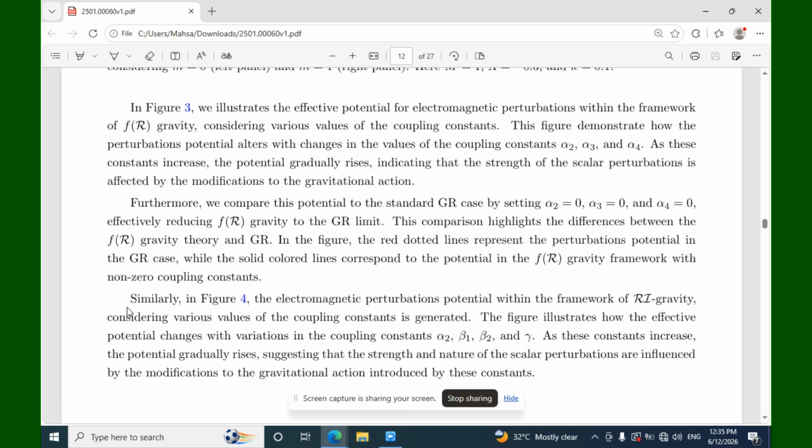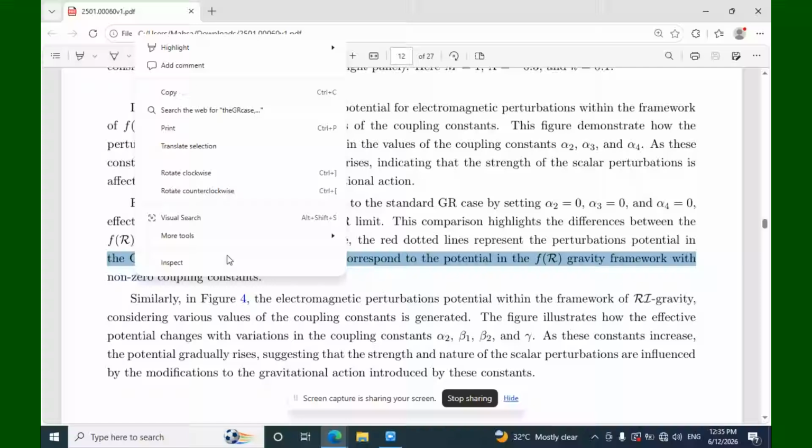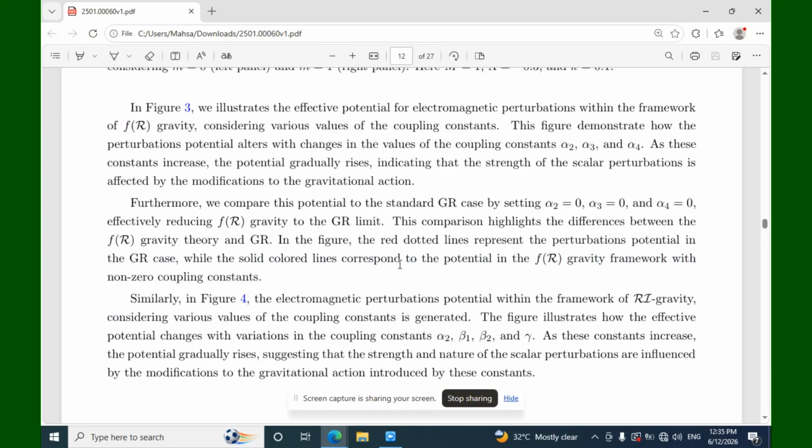This comparison highlights the difference between the FR gravity theory and general relativity. In the figure, the red dotted lines represent the perturbation potential in the general relativity case, while the solid colored lines correspond to the potential in the FR gravity framework, with non-zero coupling constants. Similarly, in figure 4, electromagnetic perturbation potentials within the framework of Ricci inverse gravity are generated considering various values of the coupling constants.